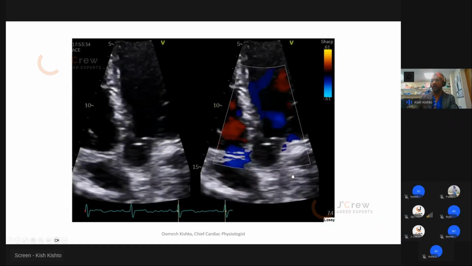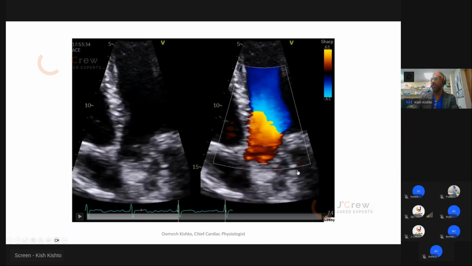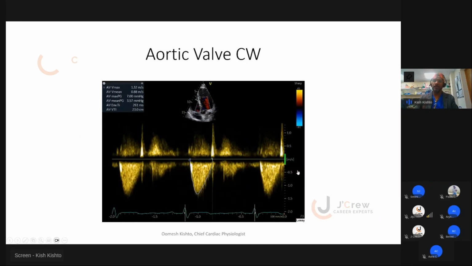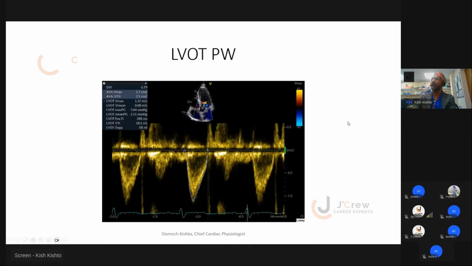You will get a good waveform. Mainly for patients with AS, sometimes you do struggle to get a good peak velocity. That's because we are not aligned correctly. So if you practice this a bit more, that will give you a better reading. So that's my CW and LVOT PW.